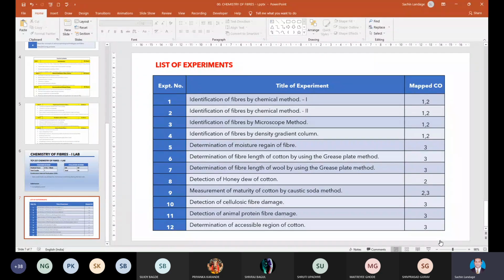Now we are going to start with our actual syllabus content. Yes. Any doubt regarding this point? If there is no doubt, we'll proceed. Okay.